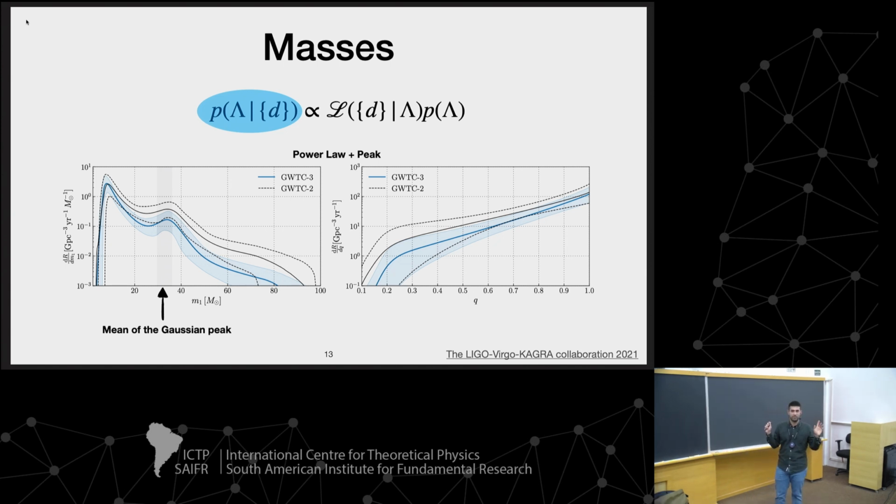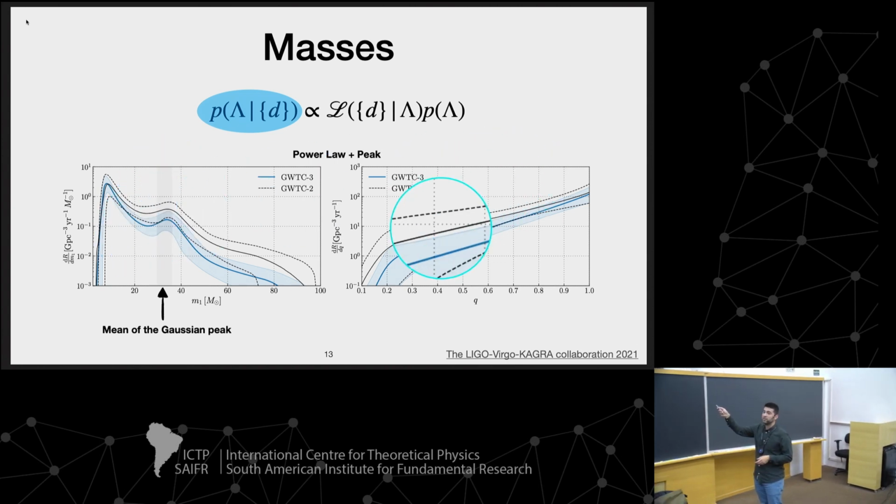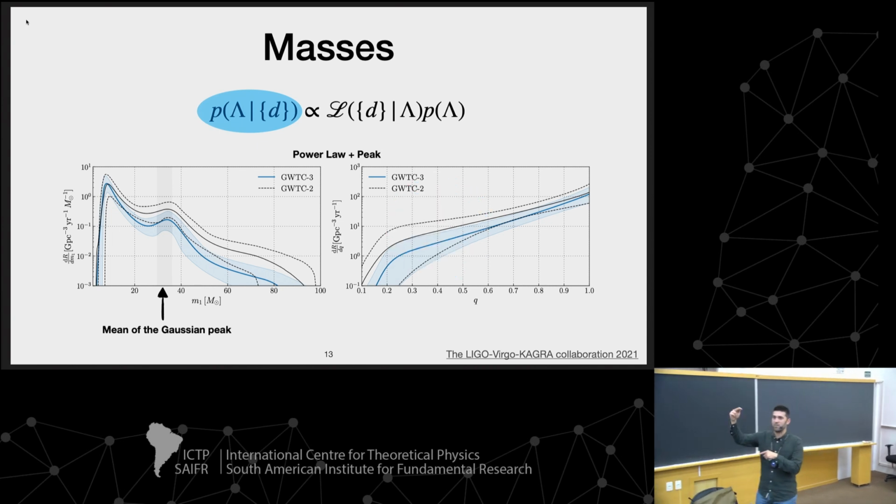Questions? Yes. So you don't understand this plot? So that is the mass ratio, so the ratio between the primary mass and secondary mass.